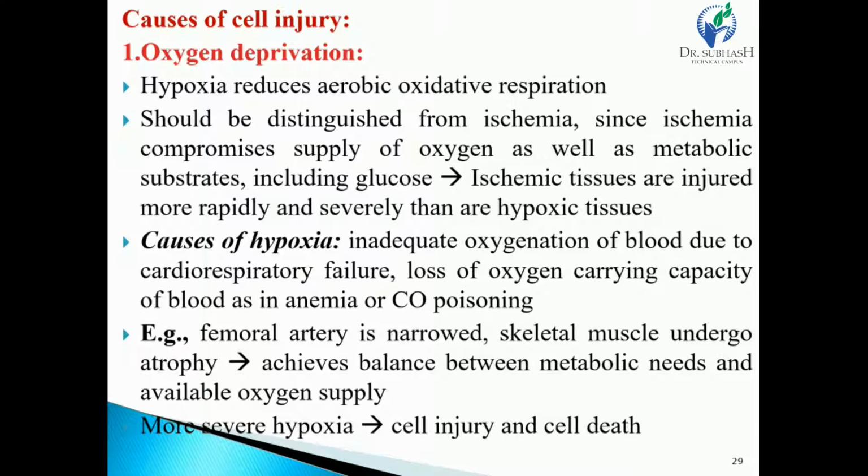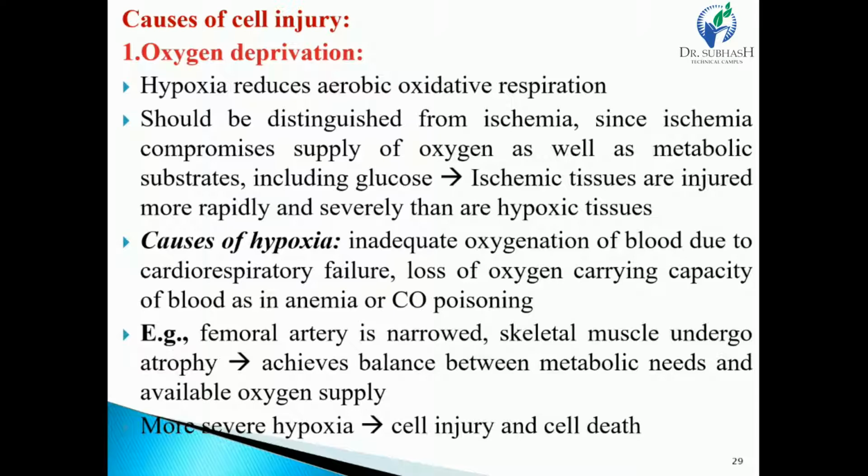The cells of the different tissues essentially require oxygen to generate energy and to perform certain metabolic activities. Deficiency of oxygen, termed hypoxia, may result in failure to carry out these activities by the cells. And hypoxia is the most common cause of cell injury.